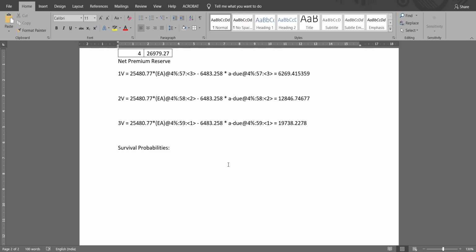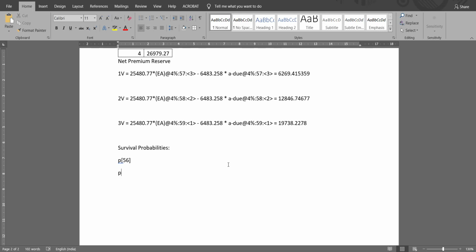So this person is aged 56 initially, and I would need 1p56 select, right? This is something you would need. So 56, right? You would need 1p, or you can just write p56, right? That is also okay.